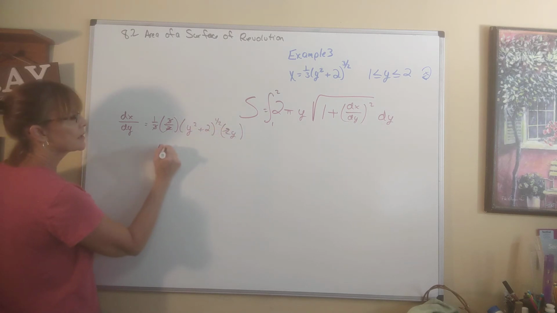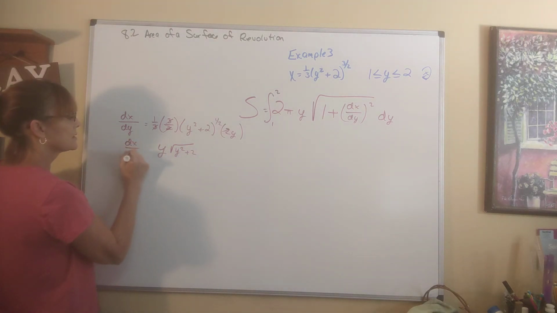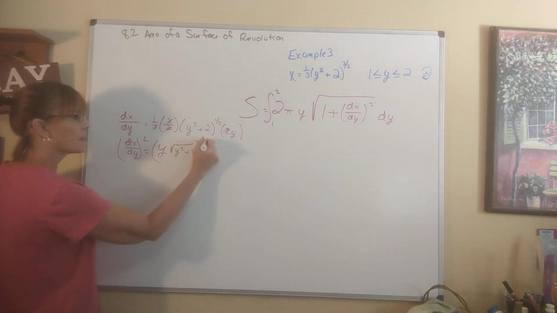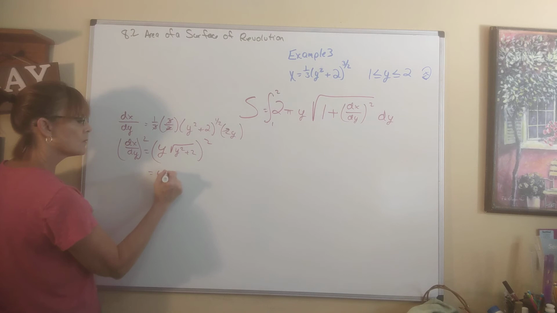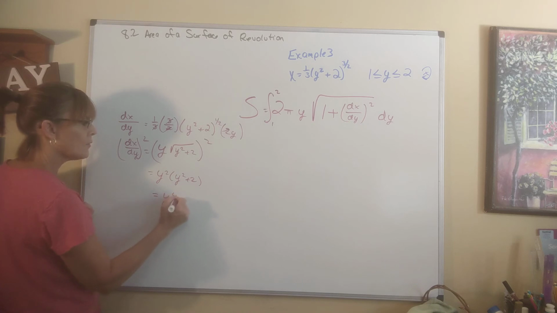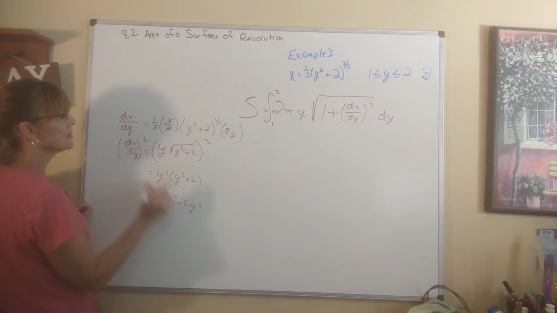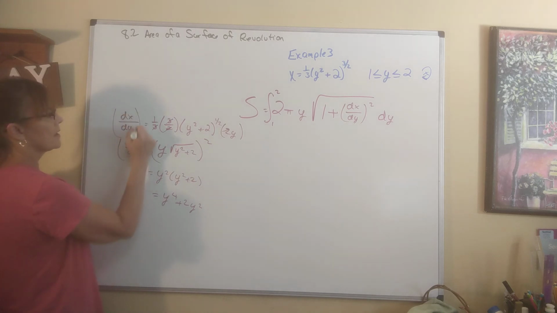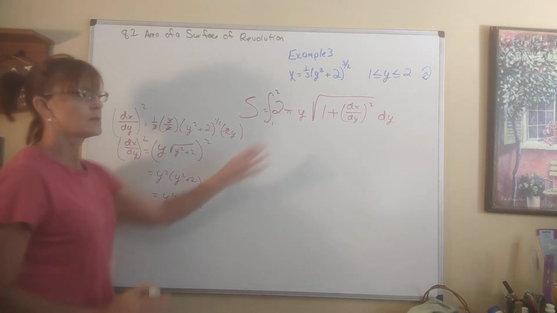So I'm left with basically y times the square root of y squared plus 2. This is what dx/dy is. But now if I square this, this will give me y squared times the square root of something squared times (y squared plus 2), which gives me y to the 4th plus 2y squared. That is what this guy squared ended up being. So that's what I'm going to put under here.